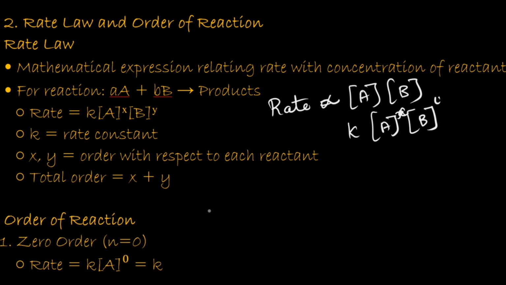Here comes the order with respect to each reactant. The order is the sum of the powers of the concentration terms. It's just a power. x plus y becomes the order. It is derived from the rate law expression, what we are writing here, and it may be zero, fractional, or an integer.